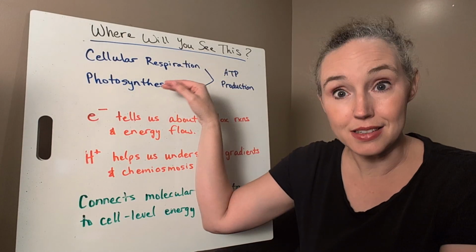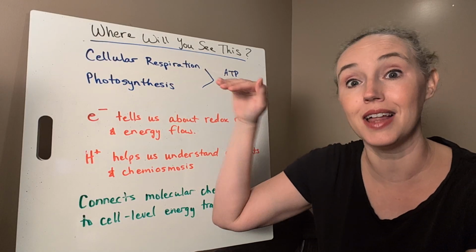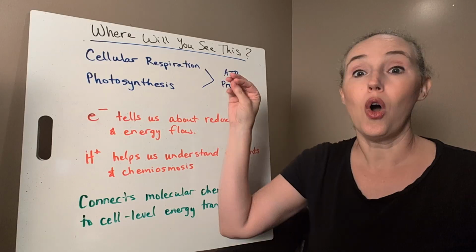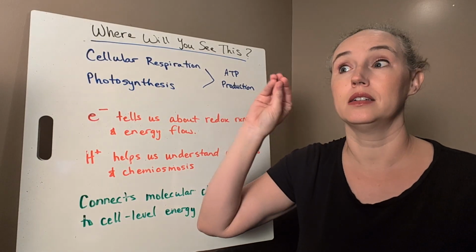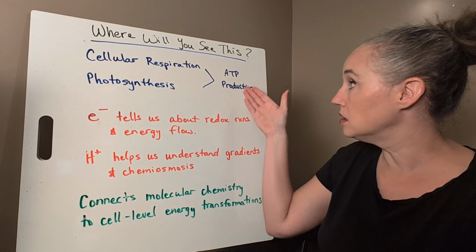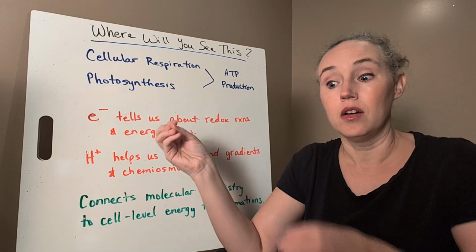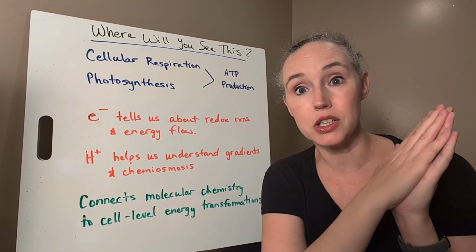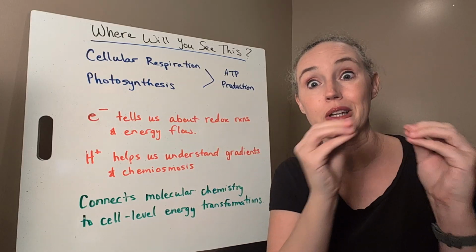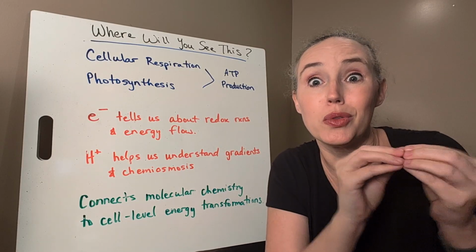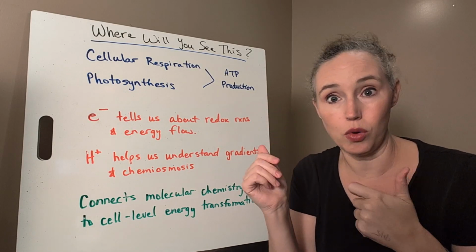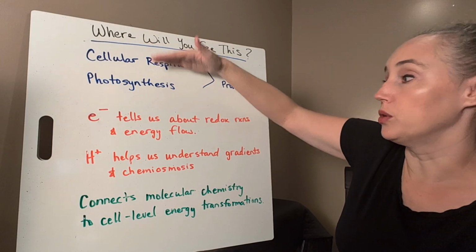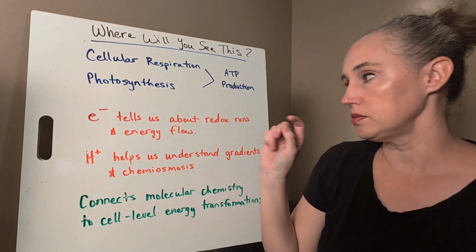In photosynthesis, in the light reactions, which is the first part of photosynthesis, you also need to make ATP to then let the second part, the carbon fixation part, actually building the glucose, have the energy to build the glucose from CO2 and water. So you're going to see it in both of these processes.